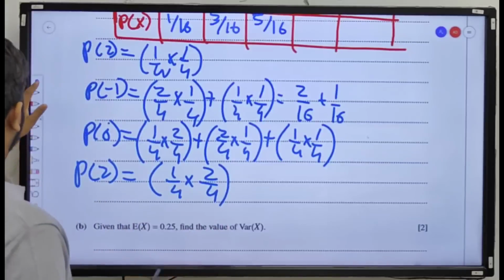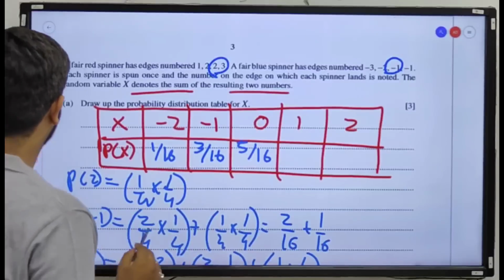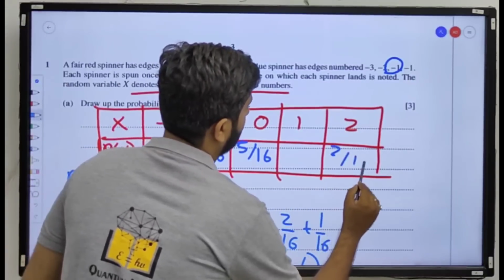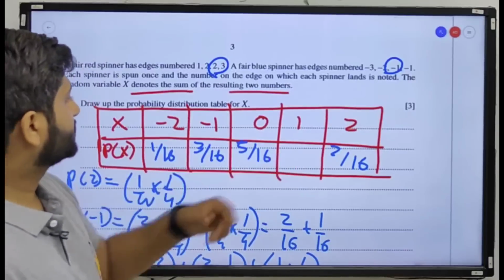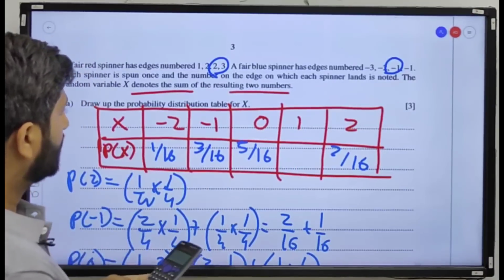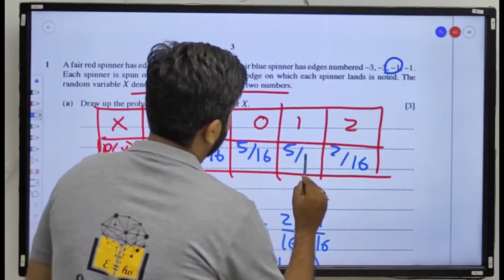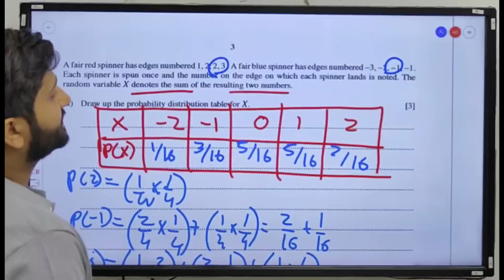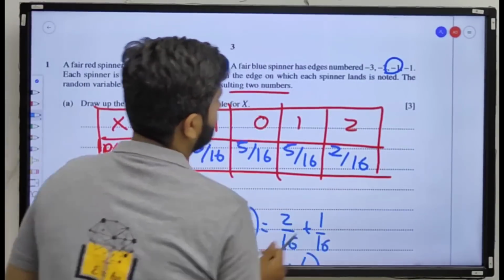So the total probability is 2 by 16. Is there any more? No, I don't think so. Now let me add this: 5 plus 3, 8. 8 plus 2, 10. 10 plus 1, 11. Then the probability of getting 1 is once again 5 by 16.